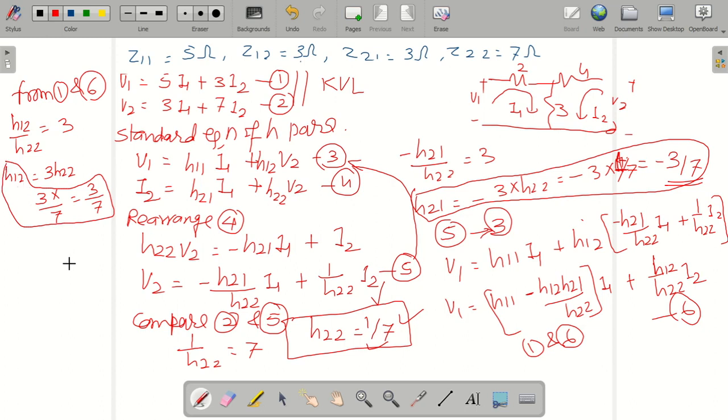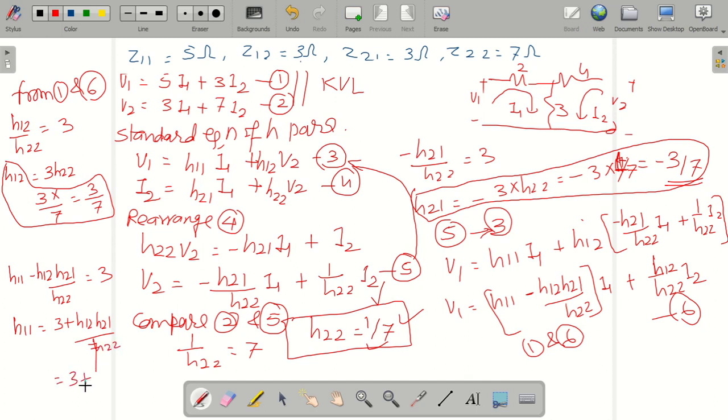Okay, and this H11 minus H12 H21 upon H22 equal to what? This equal to 3. Okay, this 3. So what do we need to find? H11. H11 equal to what? 3 plus H12 H21 upon H22.